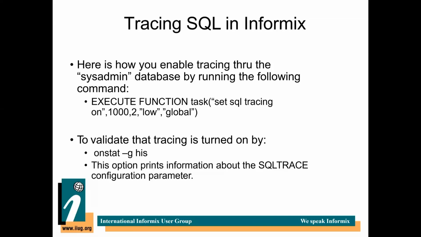This option prints information about the SQL trace configuration parameter. This gives an output of all the traces that are in that, say, 1,000 number of traces. And it's a circular buffer, so it'll overwrite once it reaches that 1,000.